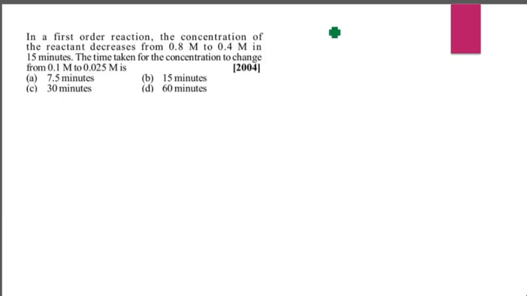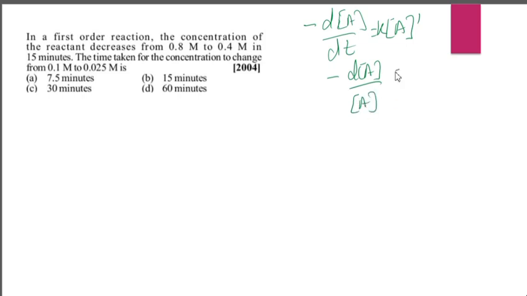For a first order reaction, let us first write the rate law equation: minus dA by dt equal to k times A to the power 1, where k is the rate constant. If we put it like this, dA by A equals k dt, and we will integrate this from a naught to a.